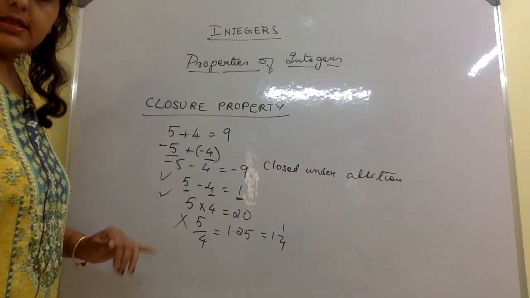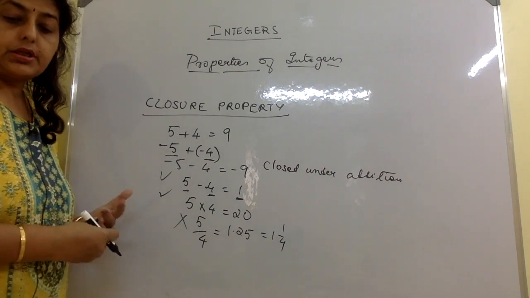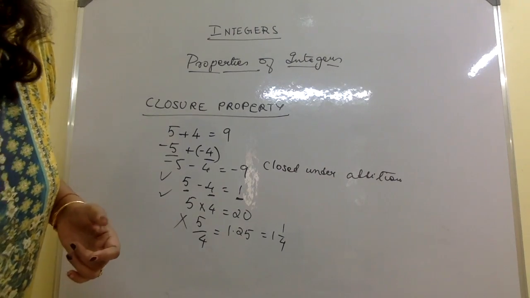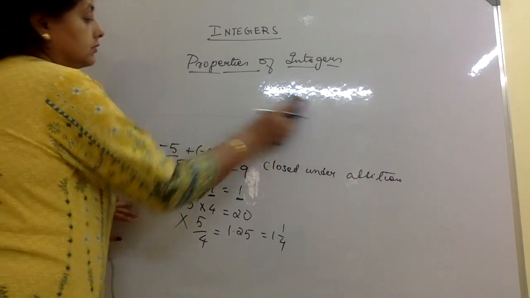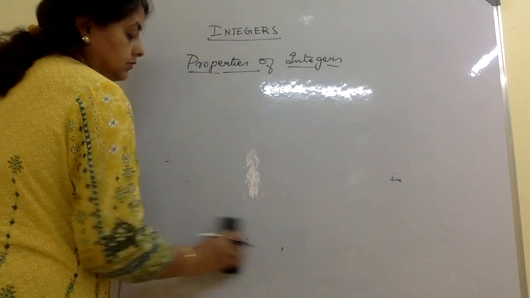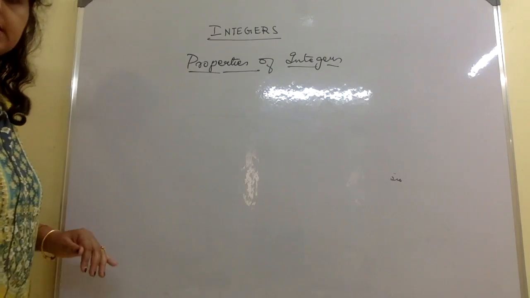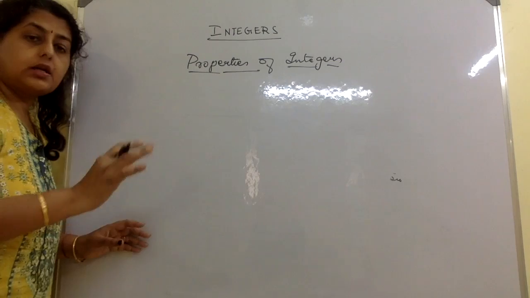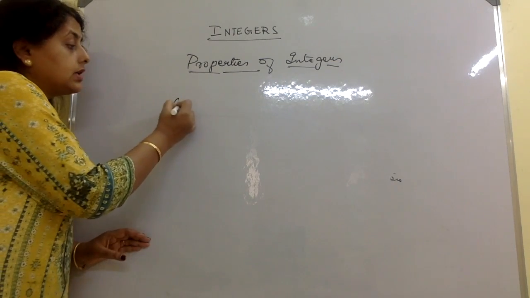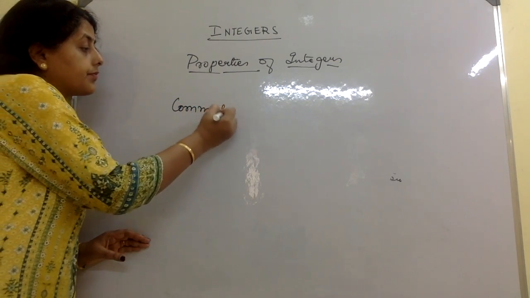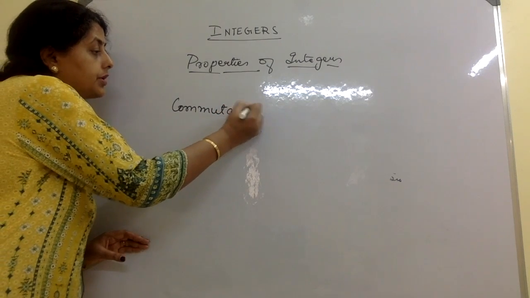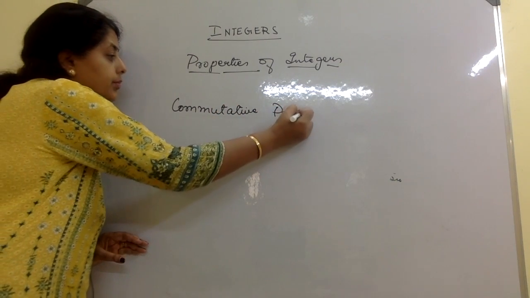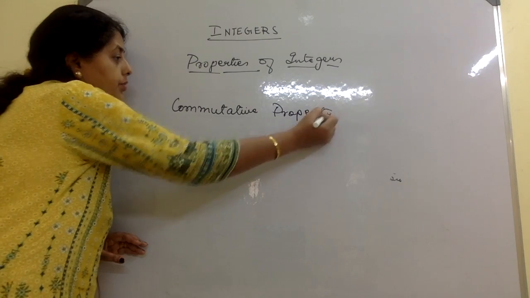Now let us take the second property. What does the second property say about integers? It is the commutative property of integers. What is the commutative property?